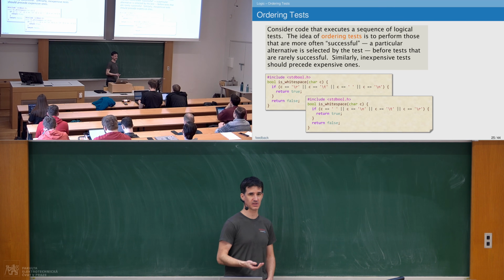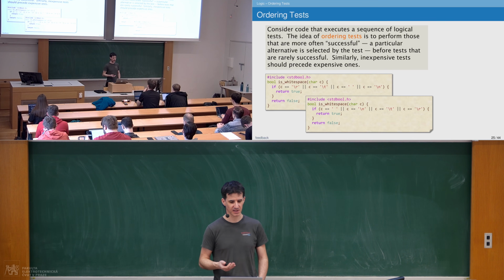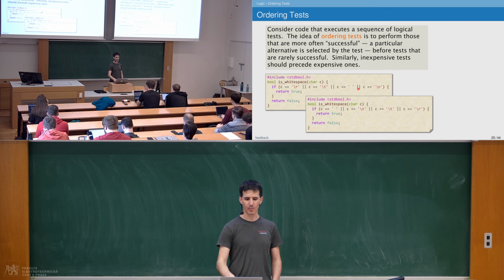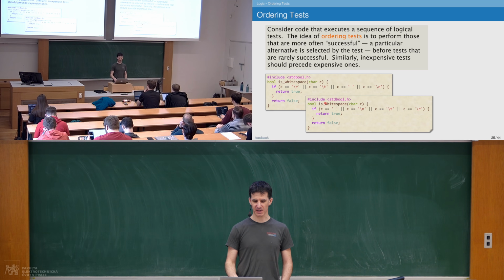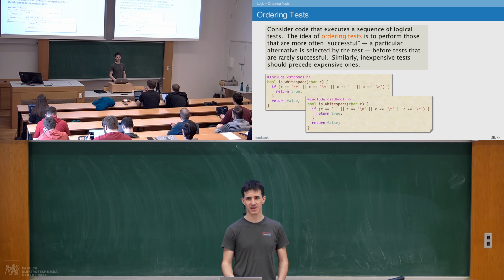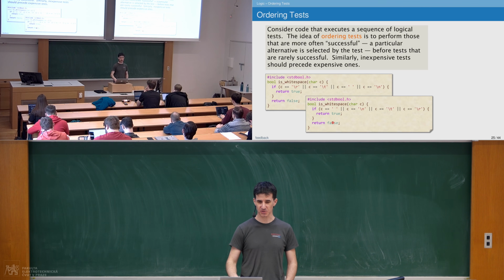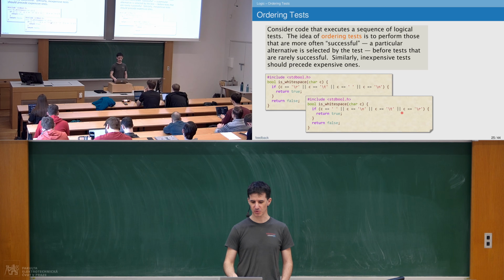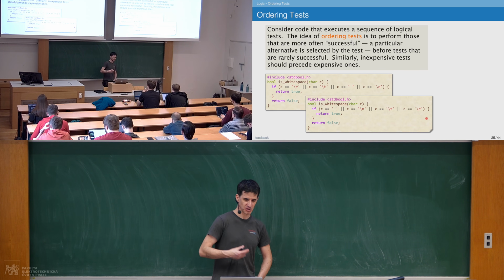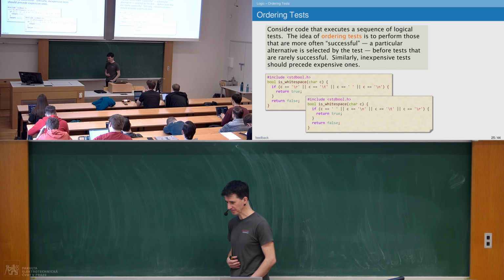So if it is human written text, probably there will be more spaces than tabulators, new lines, or carriage returns. So by first checking whether the character is a space, it's more likely that you will hit the true condition just after the first comparison, and you would be able to skip those other comparisons, and this will speed up your execution.